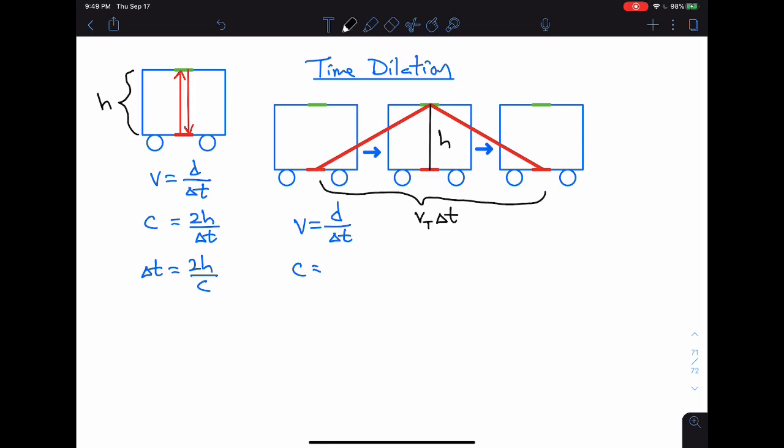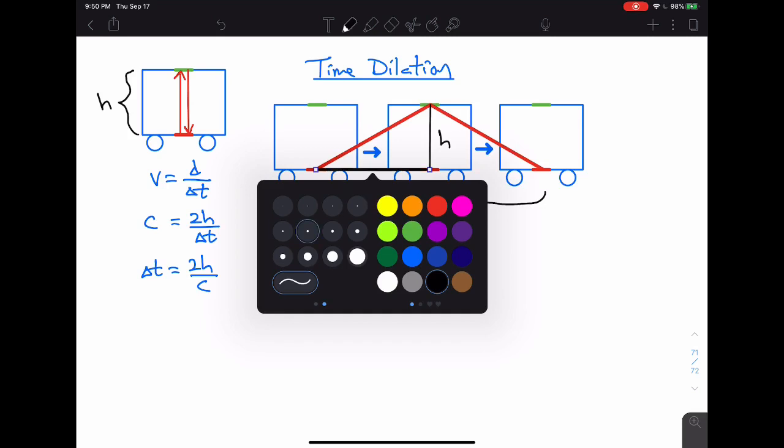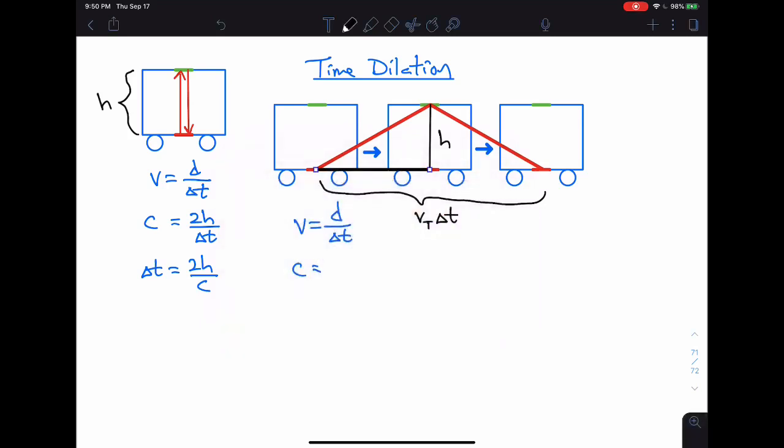I do know that v, the speed of the train, times delta t, has got to equal that distance, which means that this distance here, which I'm interested in because it gives me a right triangle. Let me make this just a little bigger. There we go, so it's a little more obvious. This has got to be 1/2 v_t delta t.